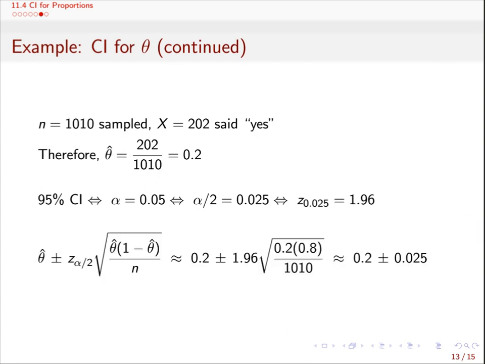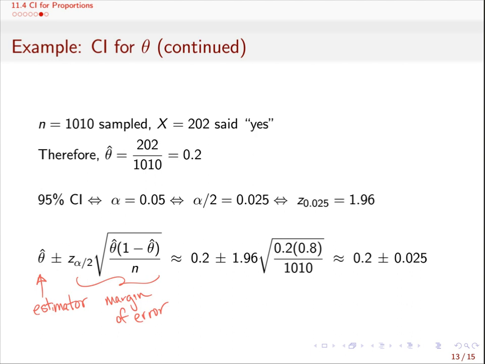So next, we just start with our formula for the confidence interval. We have our estimator of theta hat, and we add and subtract our margin of error. And our margin of error is this z alpha over 2 times the square root of theta hat times 1 minus theta hat all over n.